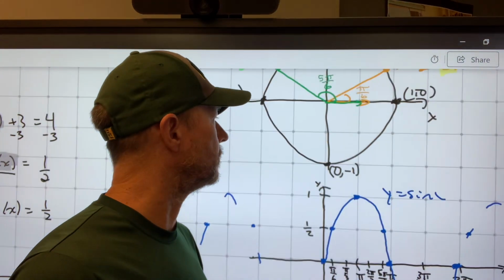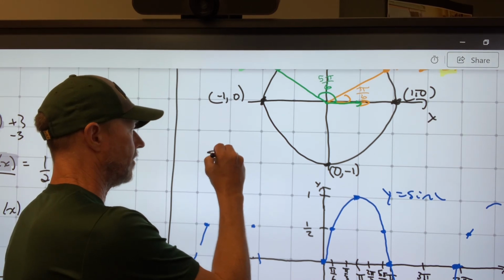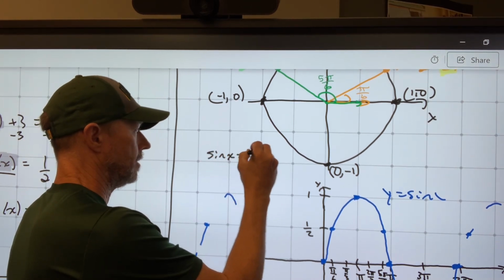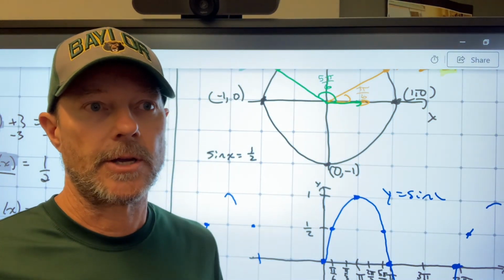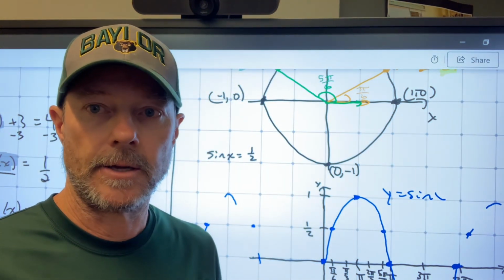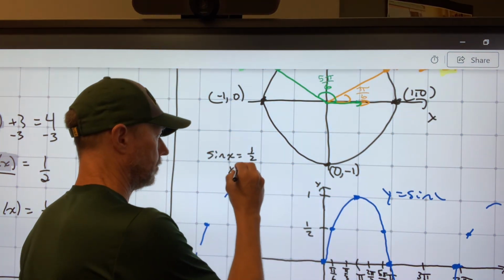Well, that's quite simple. We're trying to find the solution. We simplify the equation to here. And all you do is find the solutions that you can find on the unit circle, which there's 2 of them.